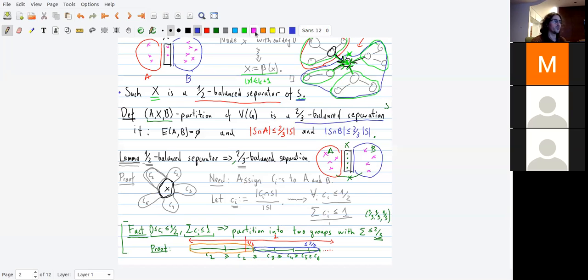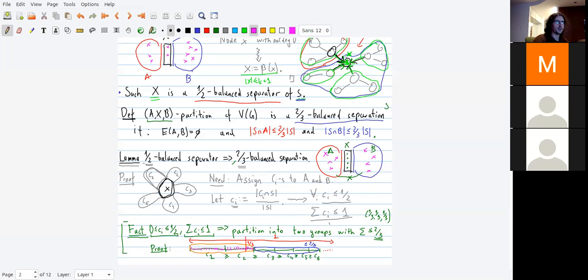Now I need to argue that the first group is also of total sum at most 2/3. This is kind of clear on this picture, where the peg at 1/3 does not fall into the first interval, because the second interval and every further interval is smaller than or equal to the first one. So if my peg at 1/3 was not in the first interval, then the first interval is of length at most 1/3.